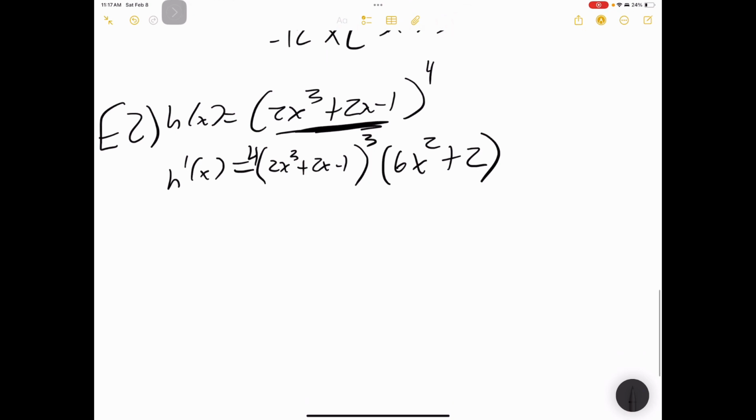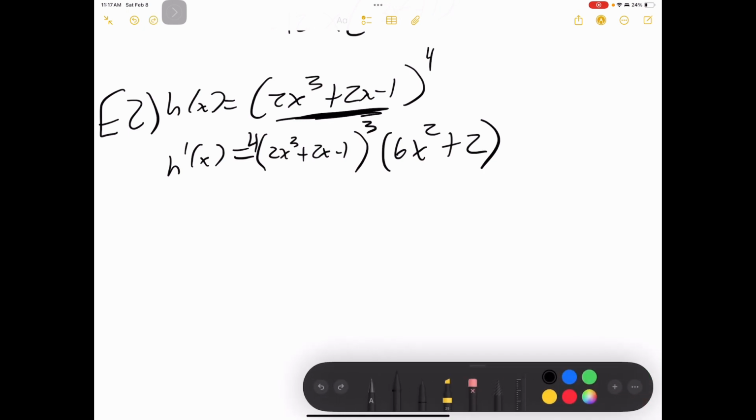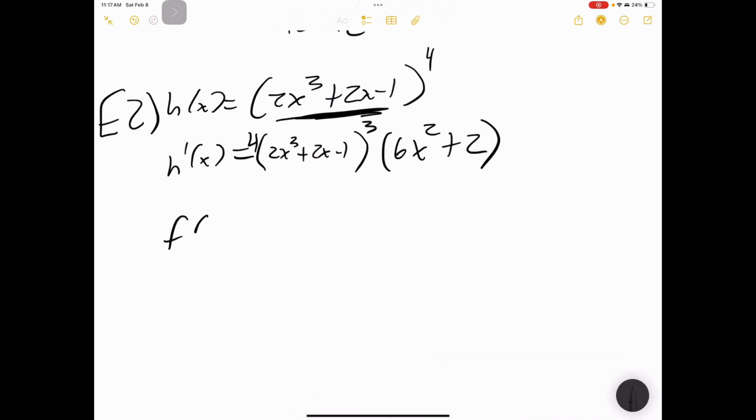If we do this problem the longer way, let's say f of x is equal to x to the fourth. f of x is something to the fourth. g of x is 2x cubed plus 2x minus 1.